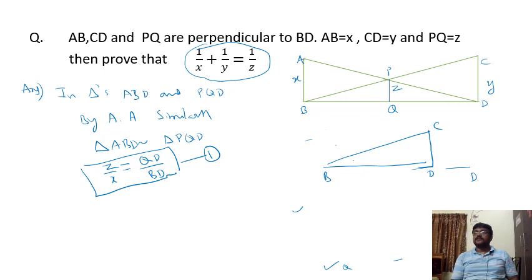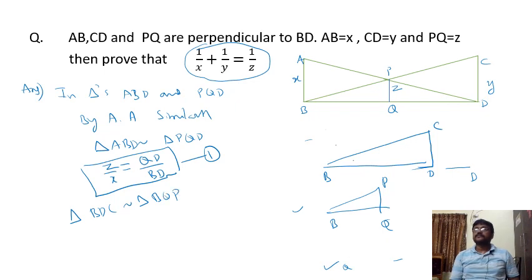Can you observe that small triangle, B, Q, P? Again, these two triangles are similar. Similarly, triangle BDC is similar to triangle BQP. So these two triangles are similar on the same lines. Angle similarity, you can notice that.